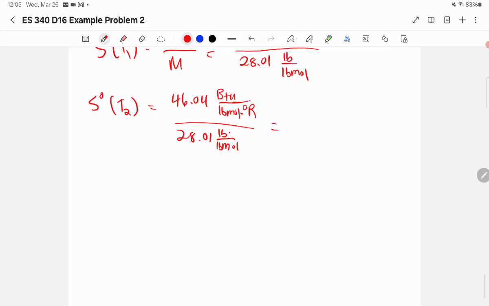And that's going to be equal to S circle of T3, because T3 is equal to T2, right? So again, we'll get the same values there.